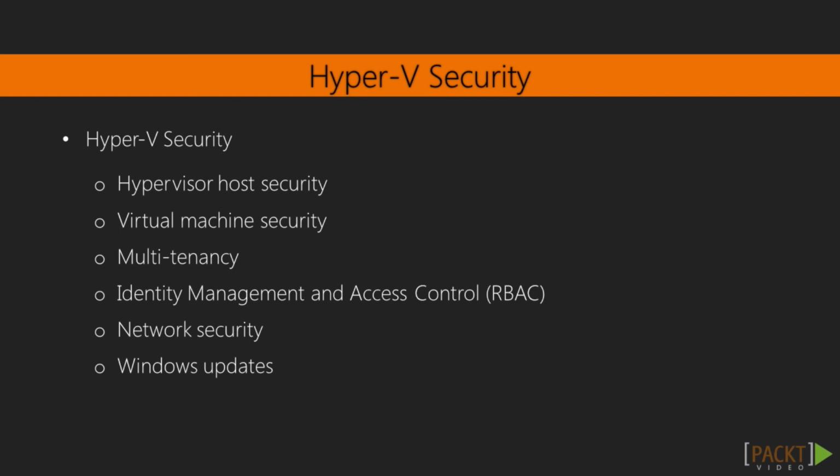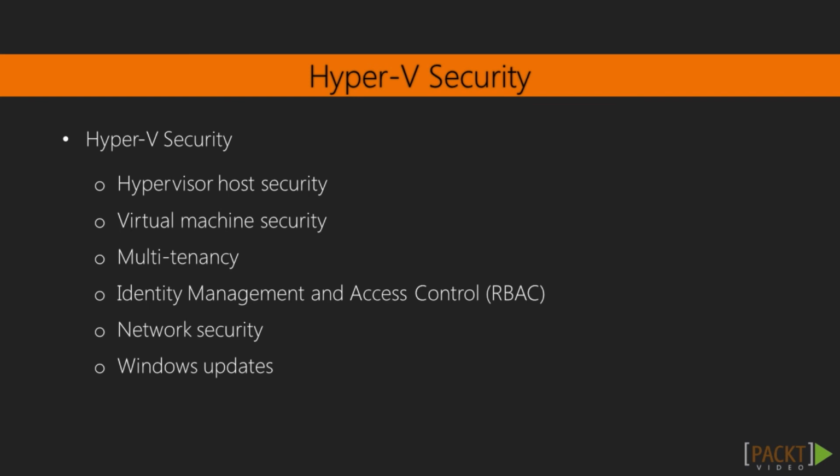If you are a service provider and will be creating multi-tenant infrastructures, you need a way to keep VMs, data, and networks separated from each tenant. Now that you have a private cloud with Hyper-V integrated with a public cloud such as Azure, how will you manage identities and access? Hyper-V uses Authorization Manager for role-based access control.